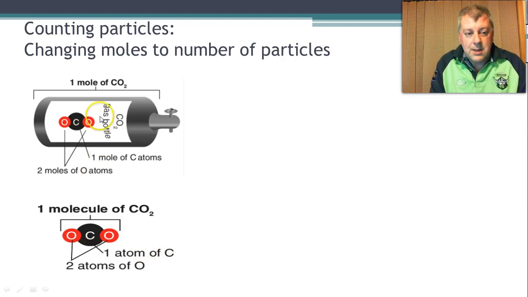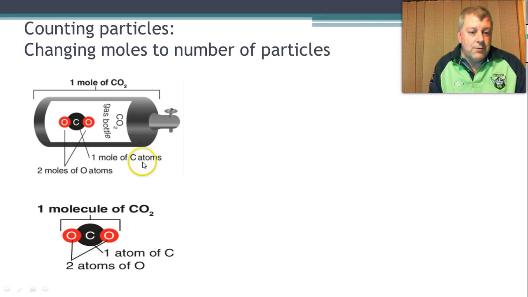That must mean that if we have 1 mole of carbon dioxide molecules in this container, we must have 2 moles of oxygen atoms, because each molecule contains 2 oxygen atoms, and 1 mole of carbon atoms.